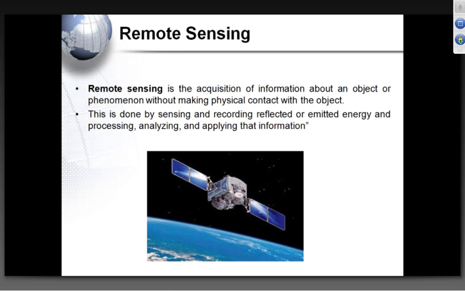This is done by sensing and recording the incident light that is incident on the object and reflected back. So this is done by sensing and recording reflected or emitted light and energy. After that, processing, analyzing, and applying that information into a particular application.